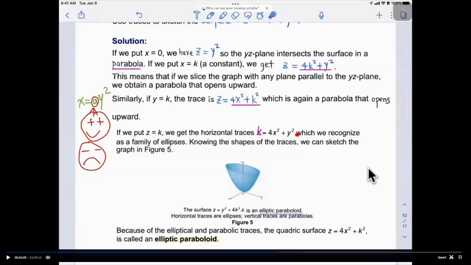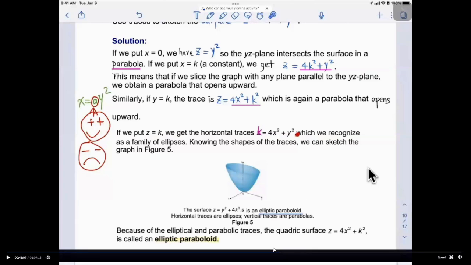Where does the elliptic come from? Elliptic here comes from the horizontal traces, which are ellipses. And paraboloid, you see this vertical trace here is a parabola. And I think they go by alphabetical order, E before P. So it's an elliptic paraboloid.